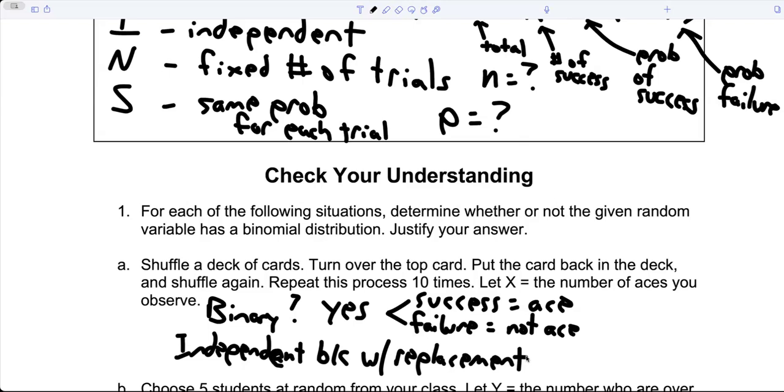Fixed number of trials: N is equal to 10 in this case, because I'm repeating the process 10 times. And the probability of success. How many aces are in a standard deck of cards? There will be 4 out of a total of 52. So yes, this is a binomial distribution.